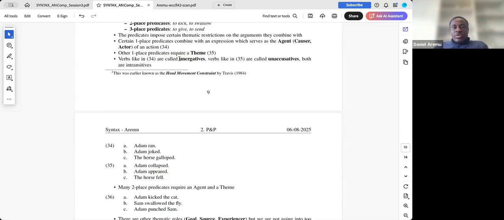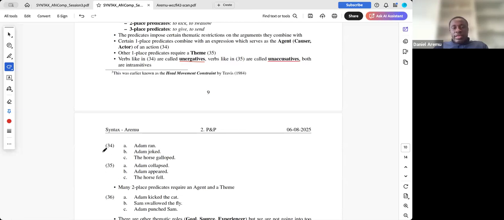And look at these two terminologies, which I'm not going to go through. I just highlight them because they are very interesting terminologies, and people are really working on them. These are unergatives and unaccusatives, and this is usually linked with one-place predicates.